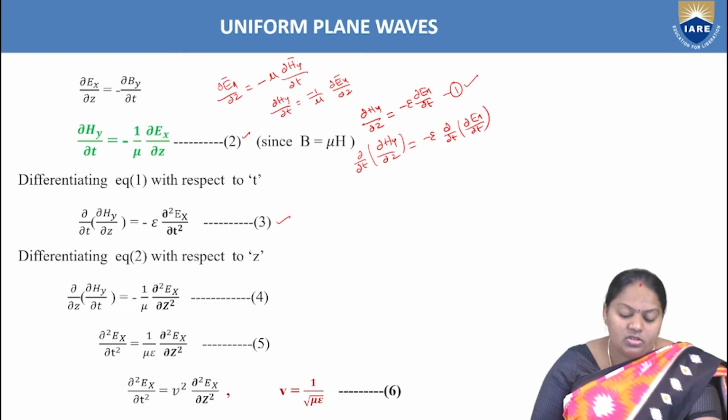Now consider equation number 2: ∂Hy/∂t equal to minus 1 by mu into ∂Ex/∂z. Now differentiate equation number 2 with respect to z.